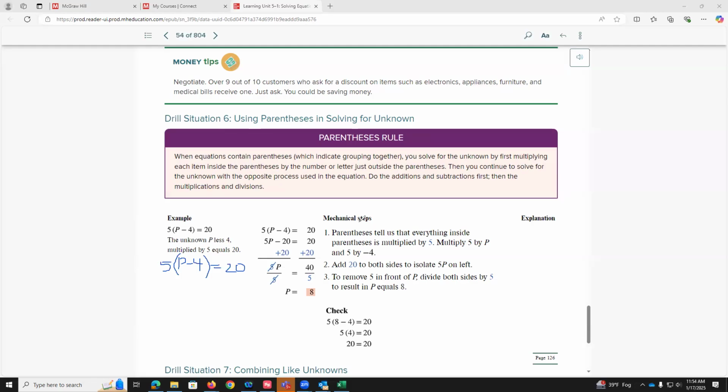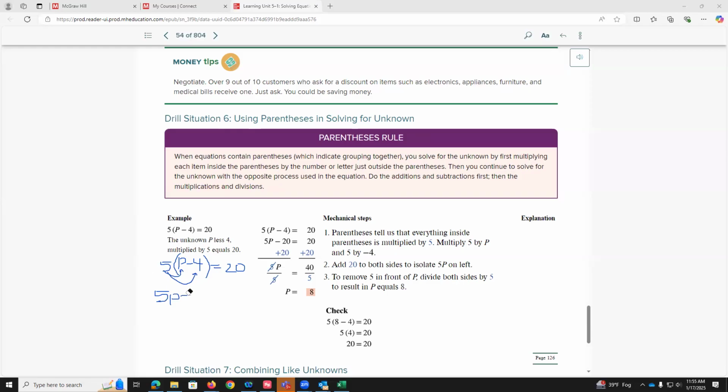So I now have an unknown p that I can solve for. And so what we're going to do is take this 5 and spread it out into the inside of this equation by multiplying, because the 5 is right beside the parentheses. That means we're going to multiply. So when I take 5 times p, that gives me 5p, minus, let me do an eraser.